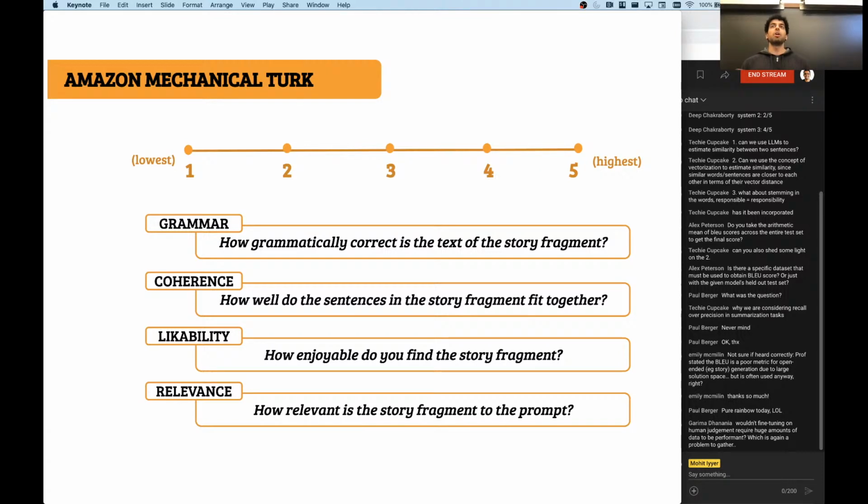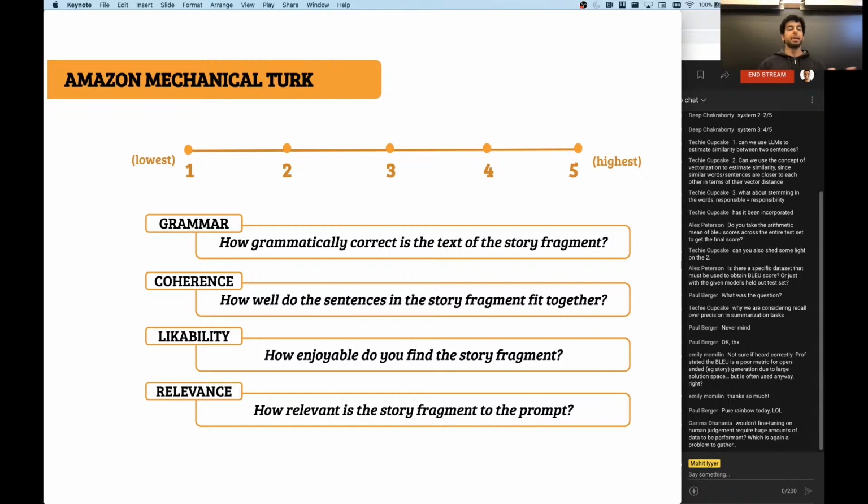So how people approach this problem even now is they go to Amazon Mechanical Turk. How many of you have heard of Amazon Mechanical Turk? For those of you who haven't, it's an online marketplace where you can hire crowd workers to perform various jobs for you, like small tasks, like, for example, rating how grammatically correct a story is from 1 to 5.